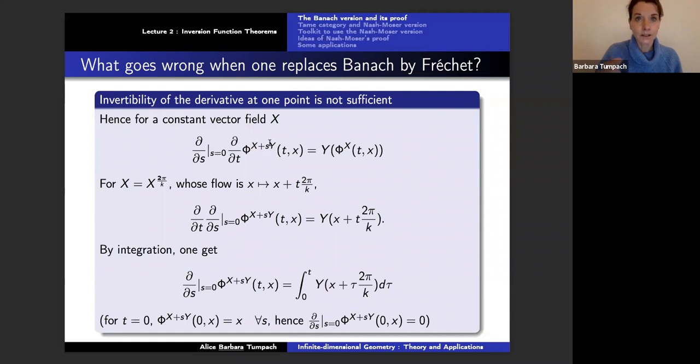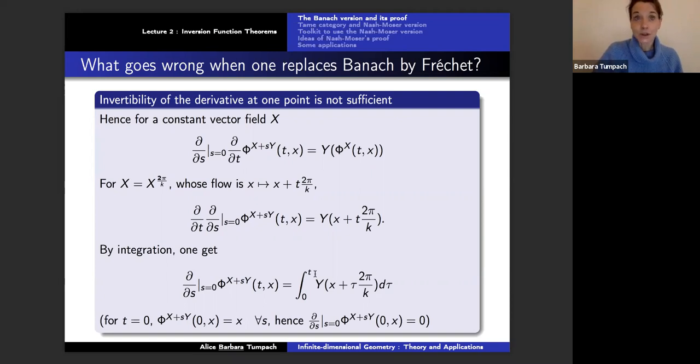When we take a constant vector field, which will be our rotation vector field, we make the computation. Okay, I have no time to go through this, unfortunately. And we get that the differential is some integral of the perturbation y.